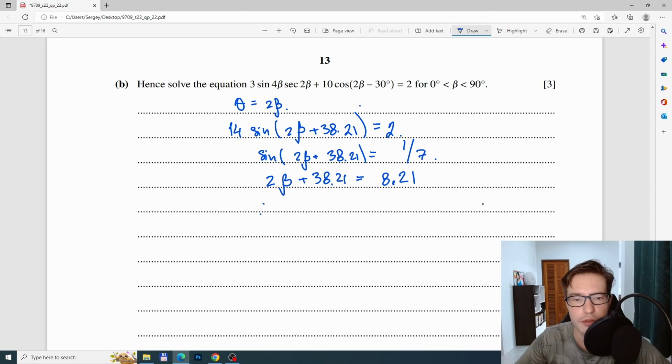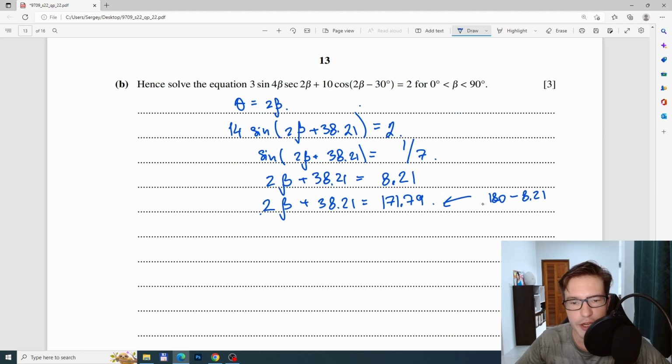8.21. And whenever you're solving equation with a sine, right after taking the inverse sine, do 180 minus the first value. So it's 171.79. That's 180 minus 8.21.